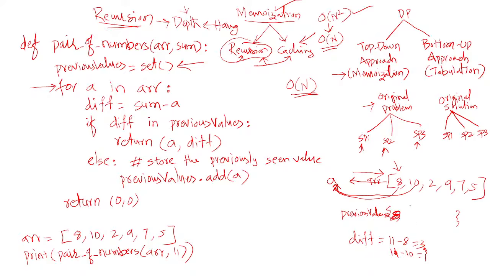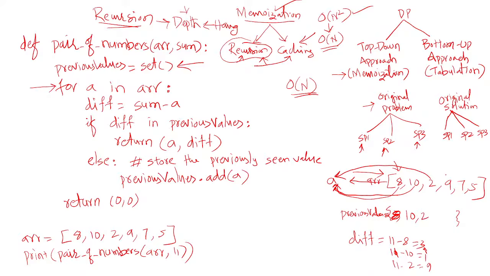No, so it adds this a, 10, to the set. Then a gets the next number, the value 2 here, and it finds the difference. This time the difference is 11 minus 2, which is 9. Is 9 present in the previous values? No, so it adds the number 2 to the set.